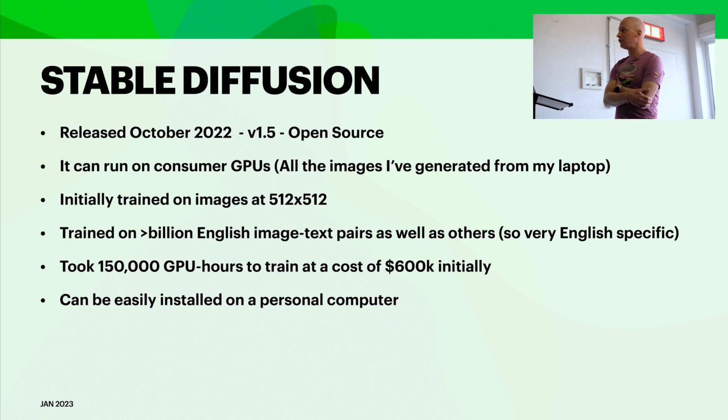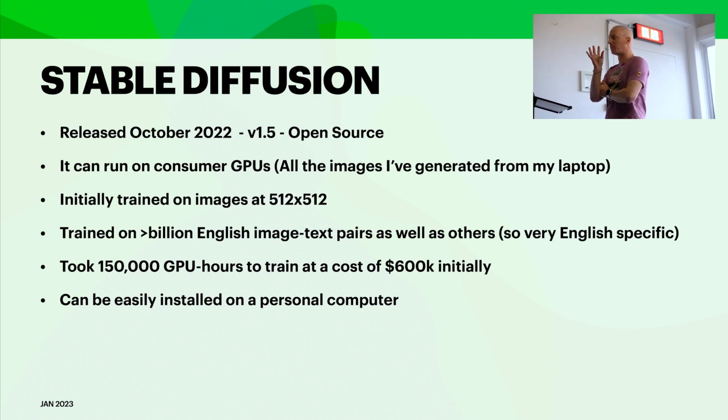It was trained on images that are only 512 by 512 pixels. It was trained on over 1 billion image and text pairs. I'll talk briefly about how this works, but essentially you have an image and some text that represents that image. A lot of the images it was trained on were actually curated, so they're not just any old images, and they're all very English specific.